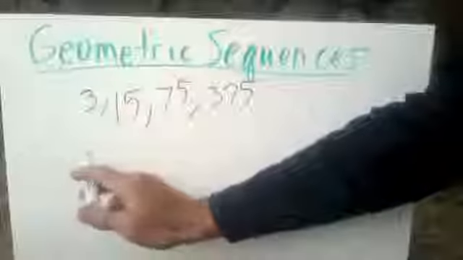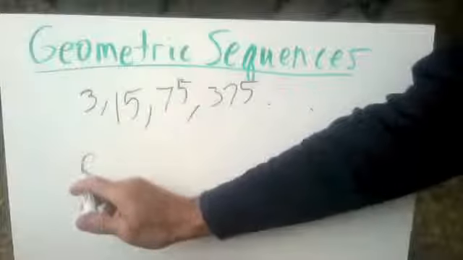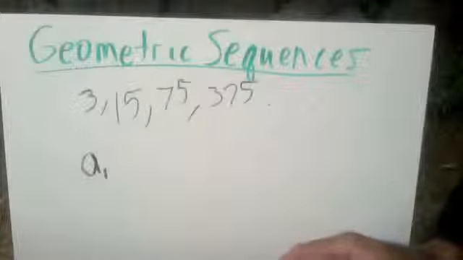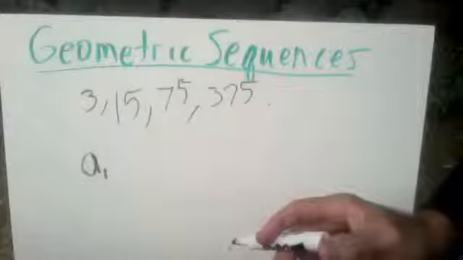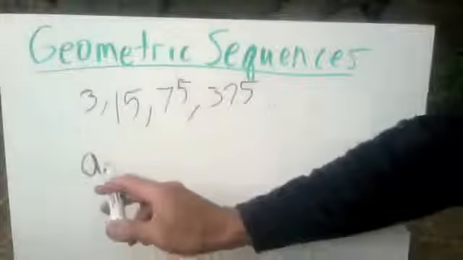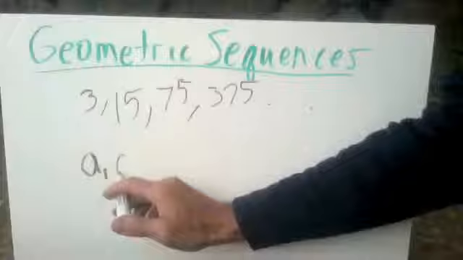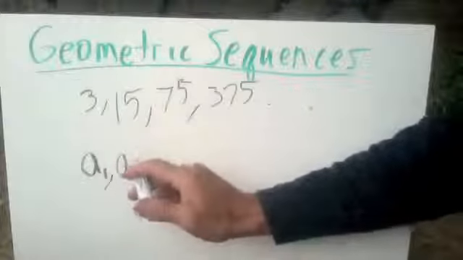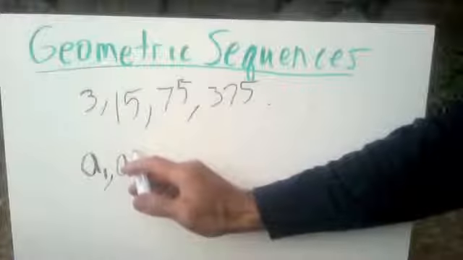Notice that the first term, we'll call that A1. Okay? That's the first one in our sequence. The next one is going to be A1 times that ratio, which was 5, remember?